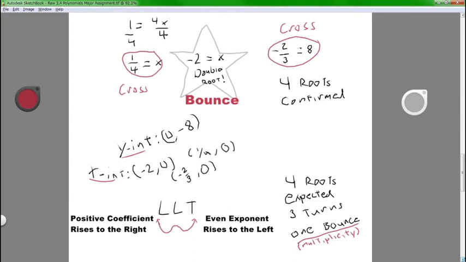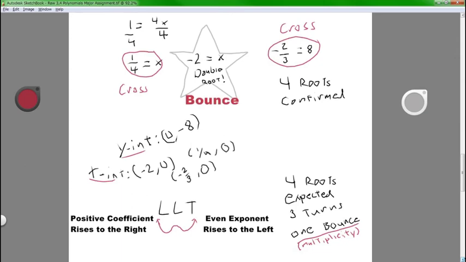The leading term test determined that because the leading coefficient is positive, the graph will rise to the right. And the exponent is even, 4, so I know that it will also rise to the left. And as I stated earlier, I expected 4 roots, we got 4 roots. It will have 3 turns, or at least that's what we expect.